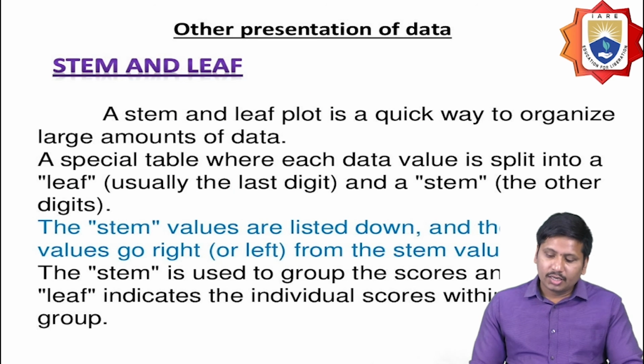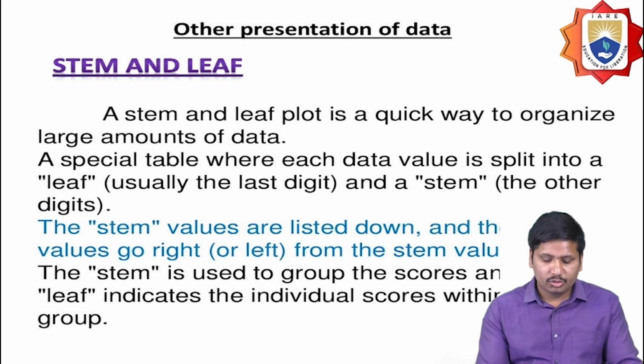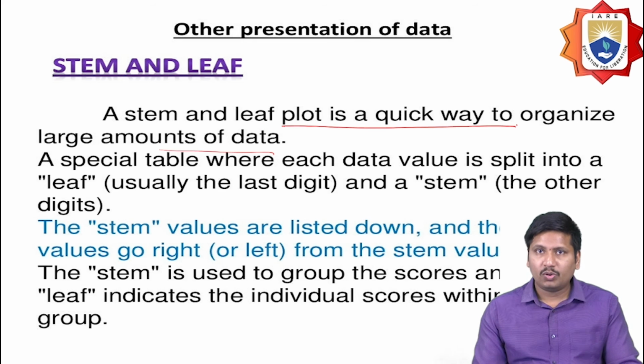What are the other kinds of diagrams we have for presenting the data? That is the stem and leaf plot. A stem and leaf plot is a quick way to organize large amounts of data.